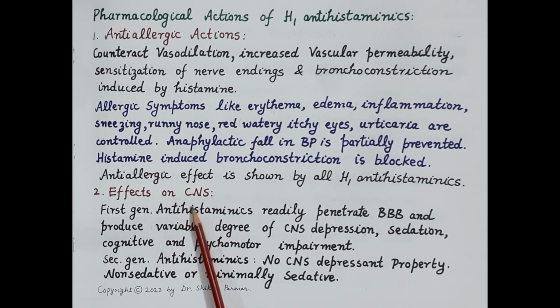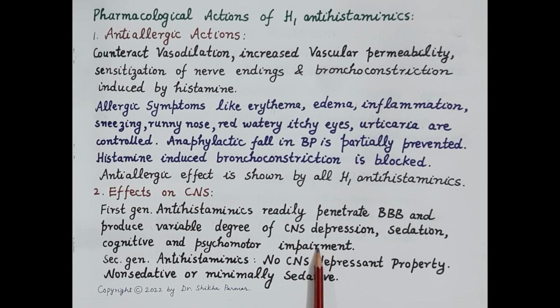Now the effect of H1 antihistaminics on the central nervous system. Now conventional or first generation H1 antihistaminics readily penetrate the blood-brain barrier and produce variable degree of central nervous system depression, sedation, cognitive and psychomotor impairment.